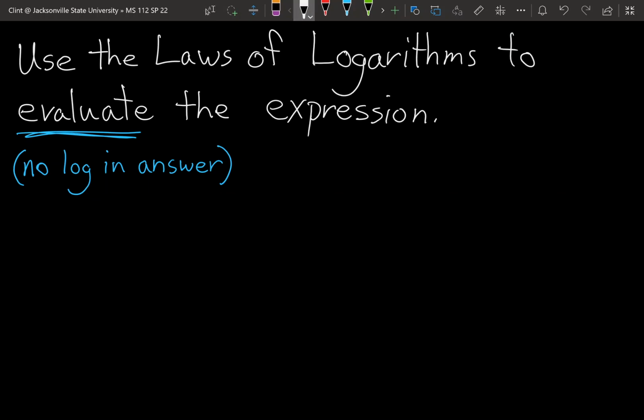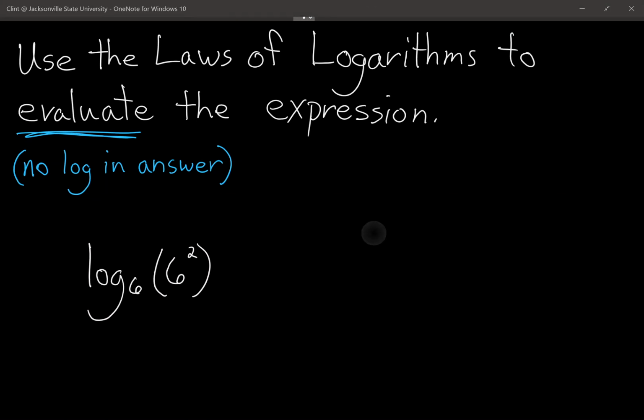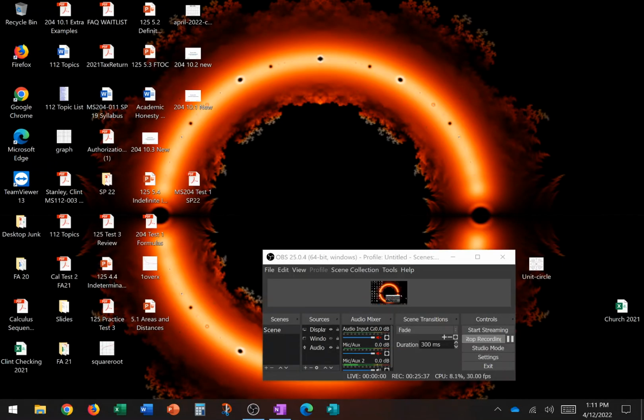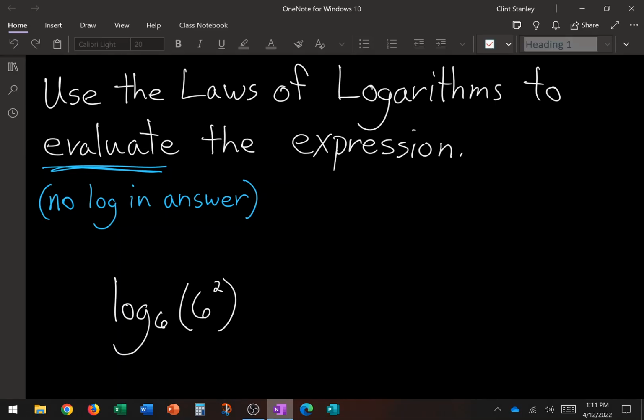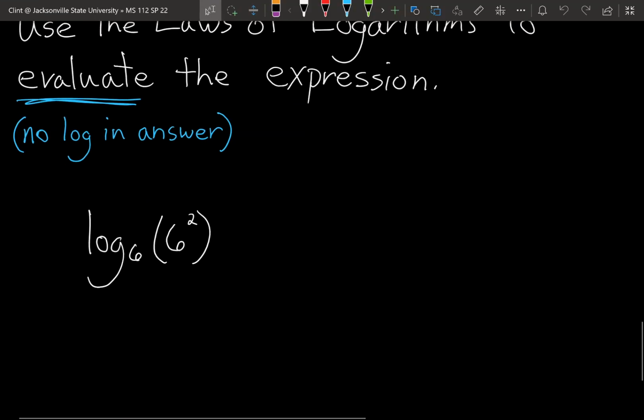Think about one of those. What about that one? We've got log base 6 of 6 squared. We use our laws of logarithms. The only thing we can use is that we can bring the exponent up front.